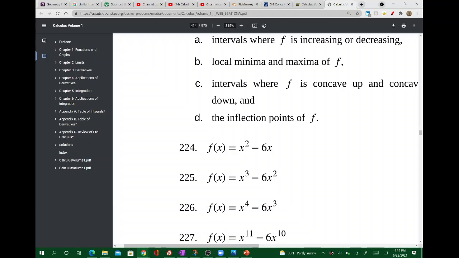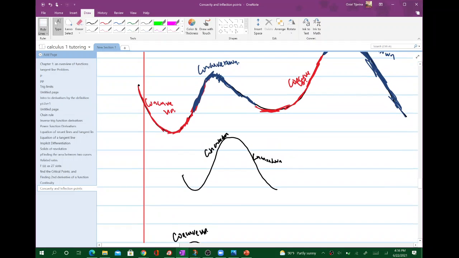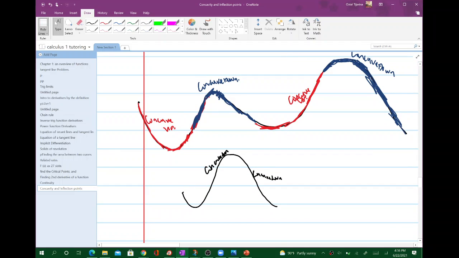Inflection points are literally the middle of where those two things happen. So when it goes from concave up to concave down, or vice versa, what is the point at which it changes?